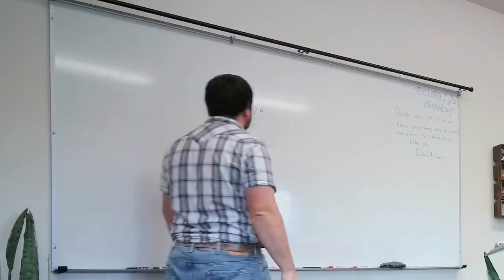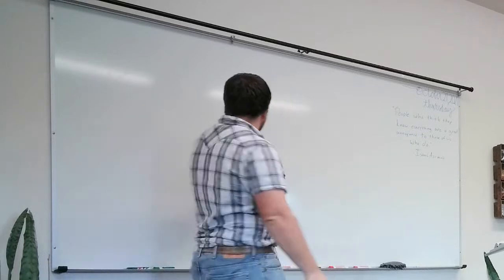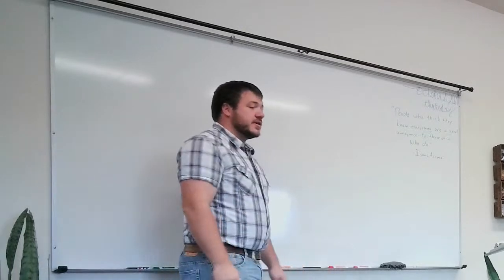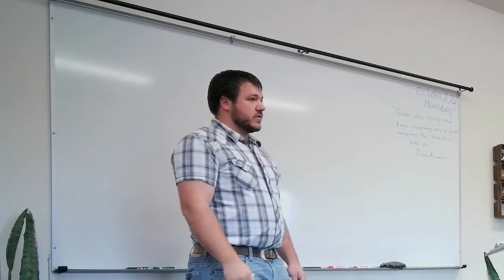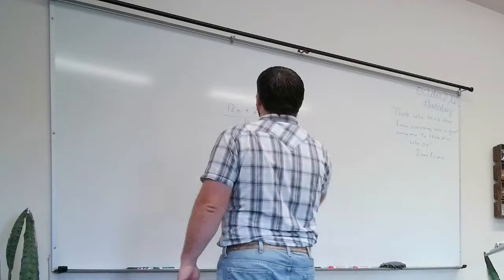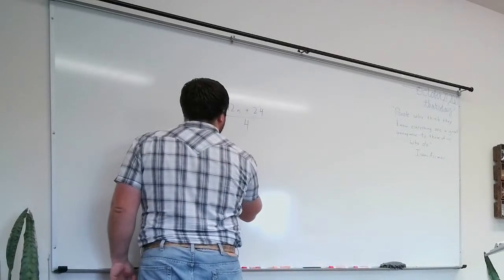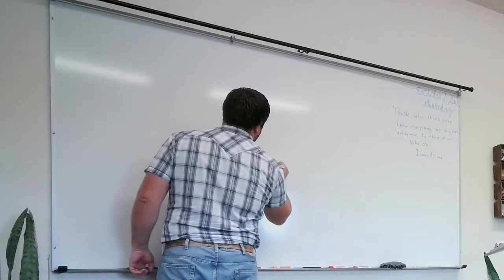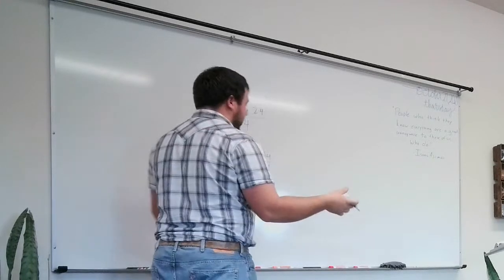Yeah. All right. So we're going to divide this by 4. Essentially, it just works the same way, right? You simply take it and do each one, 12n divided by 4 and 24 divided by 4. You just do both of them separately and then lump them back together.